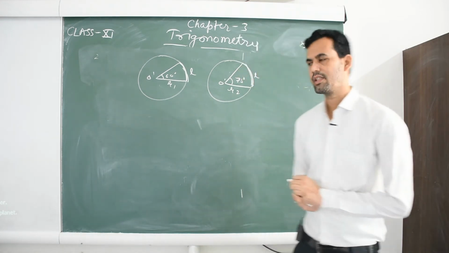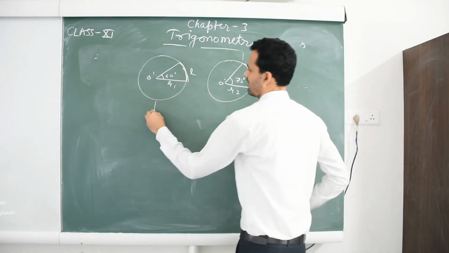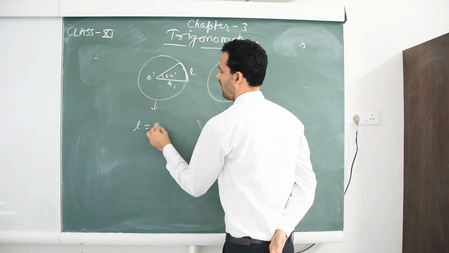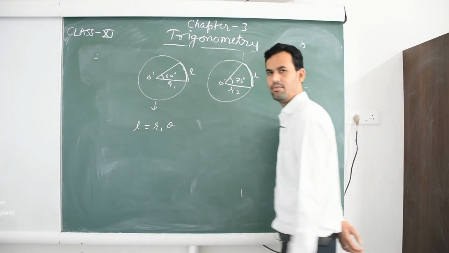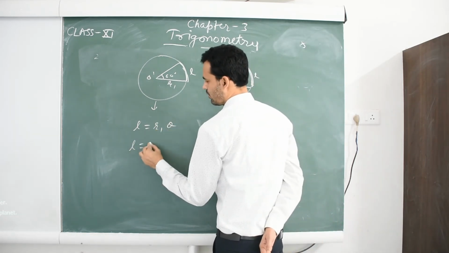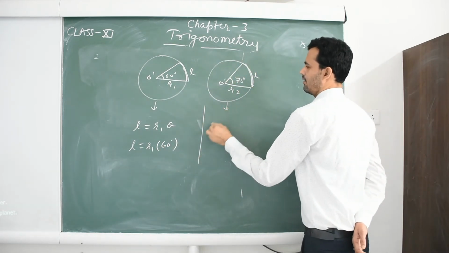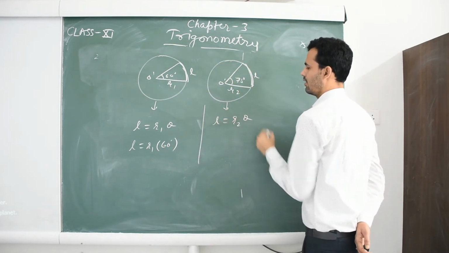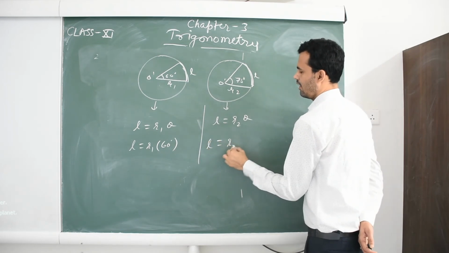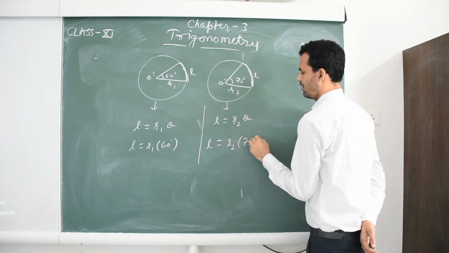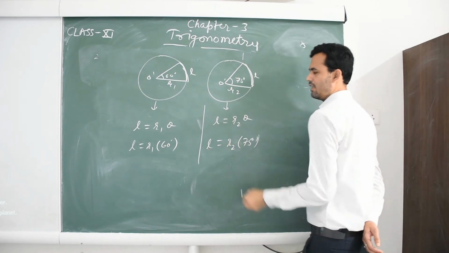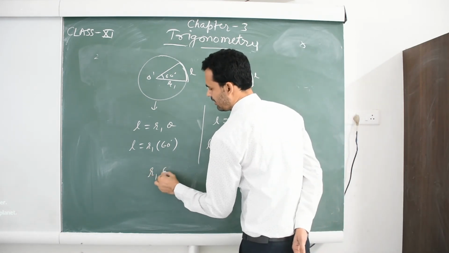of their radius. So for the first circle, the formula is L equals R1 theta. L equals R1 into 60 degree. For the second, L equals R2 theta, here L is R2 into 75 degree. Both L are same, so we compare.